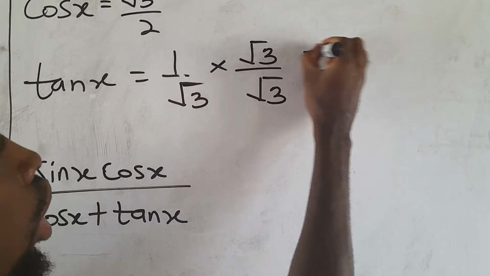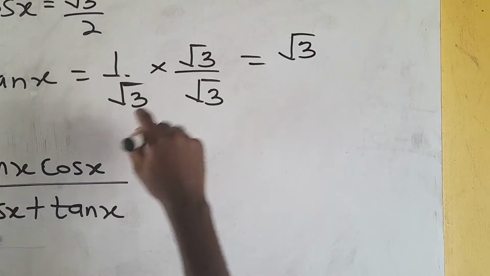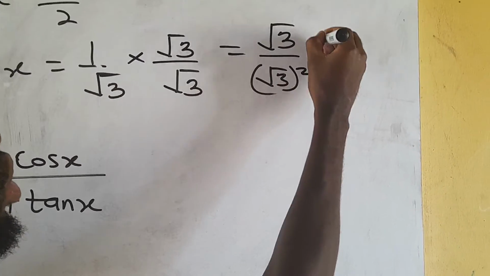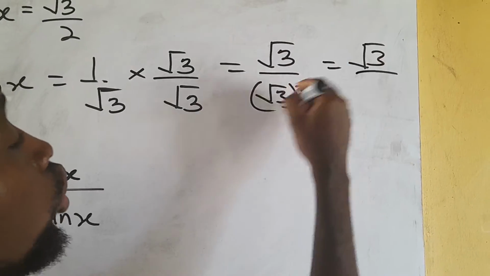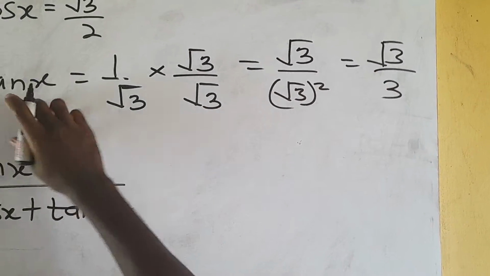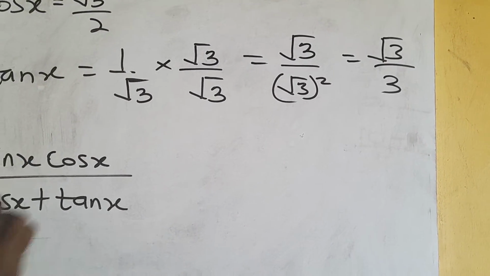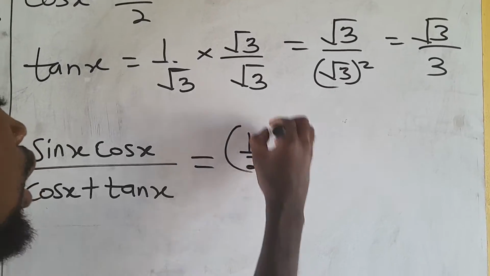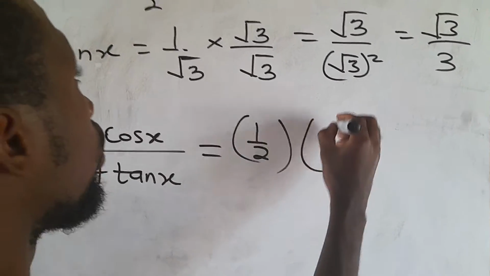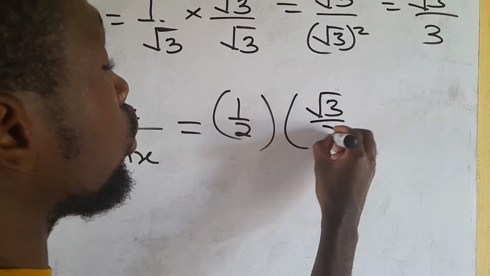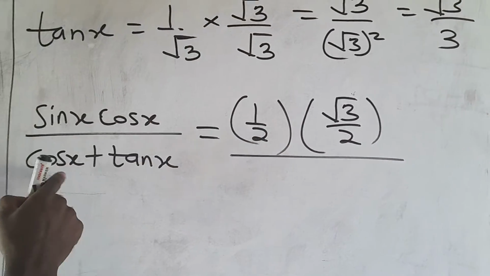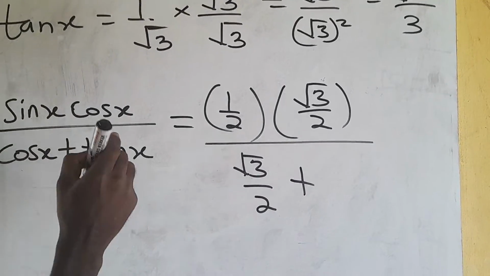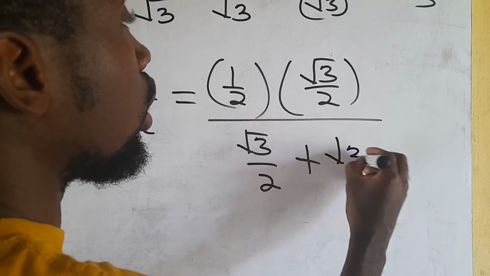So 1 times root 3 will be root 3, and root 3 times root 3, that will be root 3 squared, which is 3. So we say tan x is root 3 over 3. Now we can substitute this. So sin x is half times our cos x, which is root 3 over 2, all over our cos x, that will be root 3 over 2, plus tan x, which is root 3 over 3.